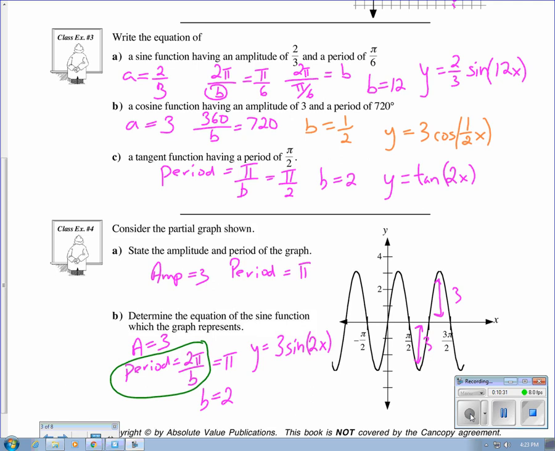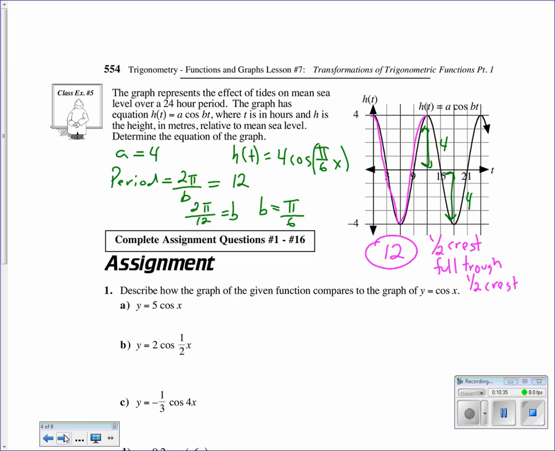And then we've got a modeling of trigonometric equations for the next one. I've got a graph to study. I highlighted the graph to get an identification of the period. So half a crest plus a full trough and half a crest is a length of 12 on the horizontal axis. So 12 is right there.